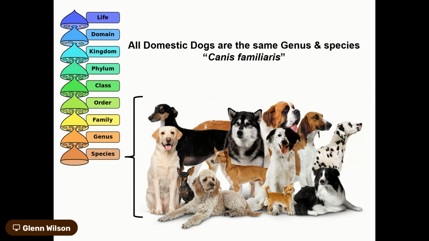Oftentimes it's based upon their personality, what they are driven by. I've had two labs in my life, and both of them were just obsessed with retrieving. That's just what they did. And if they didn't have something in their mouth and you throwing constantly till your arm gave out, they weren't happy. That was just their life.